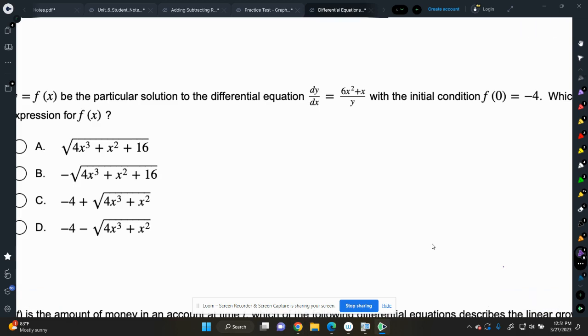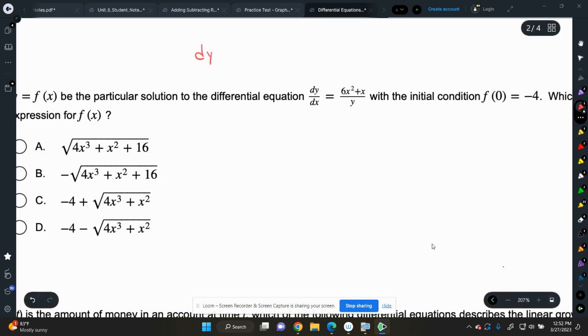Okay? All right. So what we're going to do, we need the x's on one side and the y's on the other. So I'm going to multiply by dx on both sides. Right? And then I need to get rid of this y. So I'm going to multiply by y on both sides.